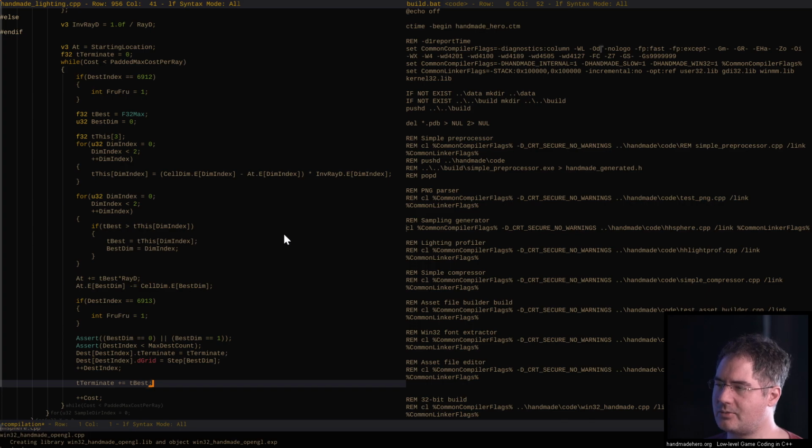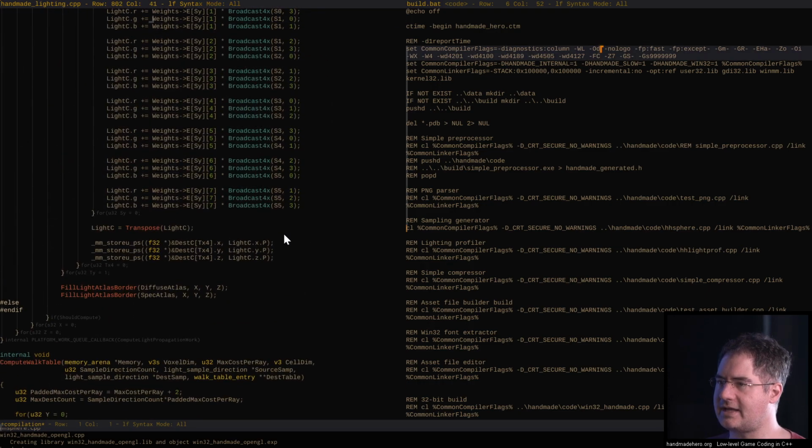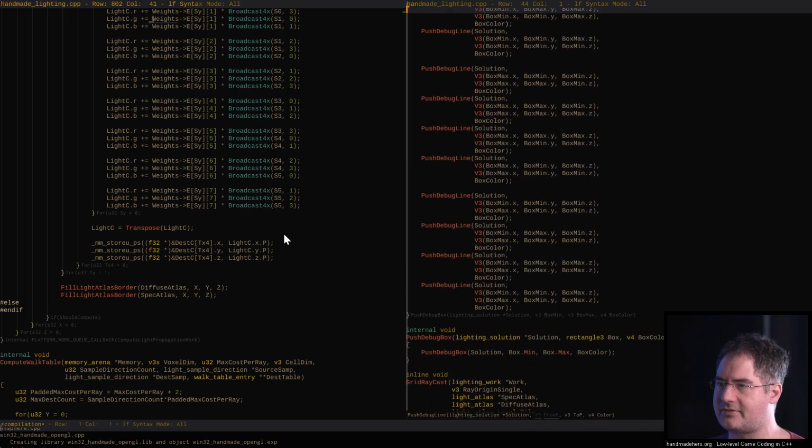So we probably want to do something like comparing it and making sure that if T terminate is too high, if it's inf, then it gets clamped. Something like that. Because my recollection is it needs to sample at the terminator.